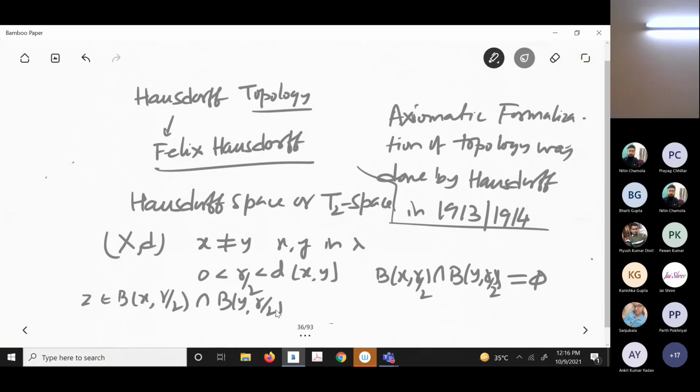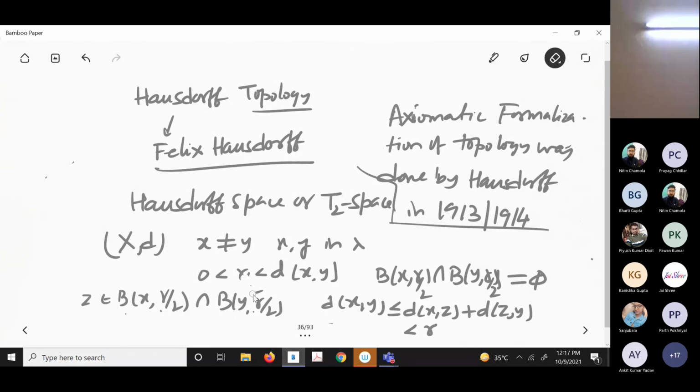If it belongs here, then you see that d(x, y) is at most d(x, z) plus d(z, y), triangle inequality. But this is here, so this is less than r by 2, and this is less than r by 2. So this is less than r. But I have taken, so I could take this. Okay, fine. I was just wondering. I think this will be all right.